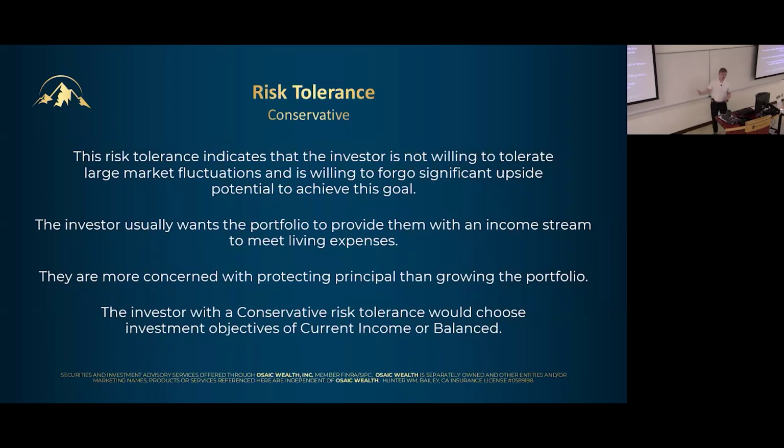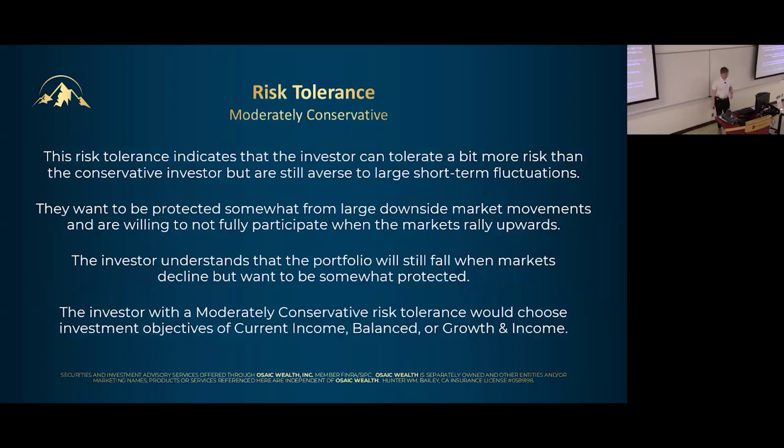Multiple objectives can fit into different risk tolerances, and that's where maybe I start with a portfolio that fits the objective, but then I know their risk tolerance is either over here or over here, and I can make changes to move it, and that's where that personalization starts to come in and really make a portfolio good for you. And you would also probably see somebody with a capital preservation mindset here as conservative.